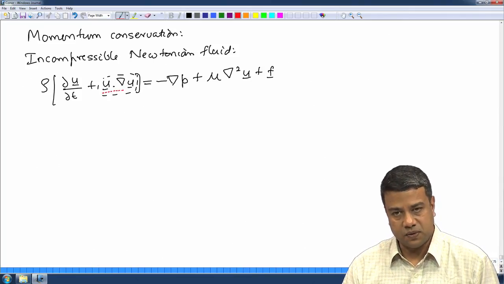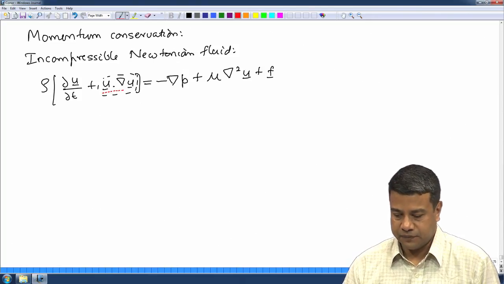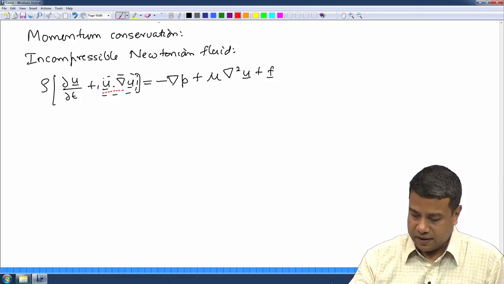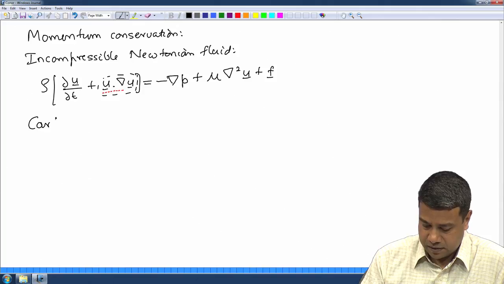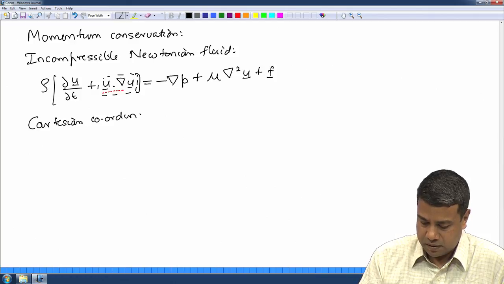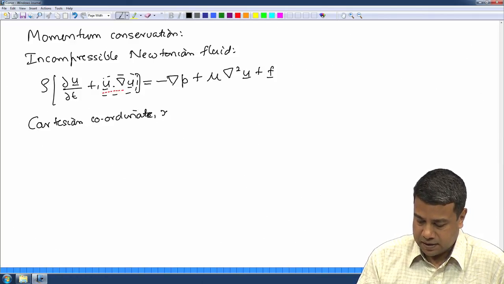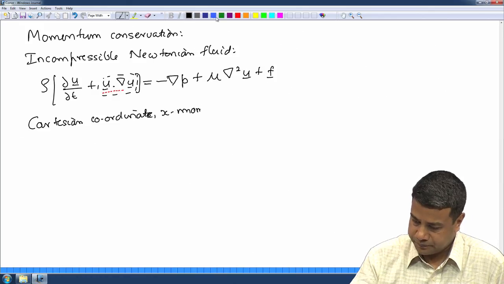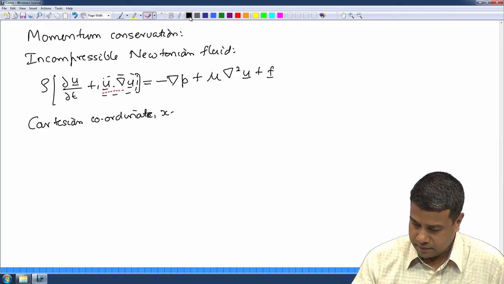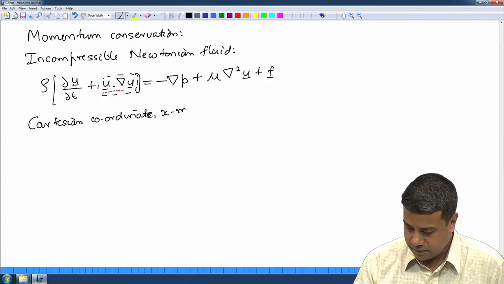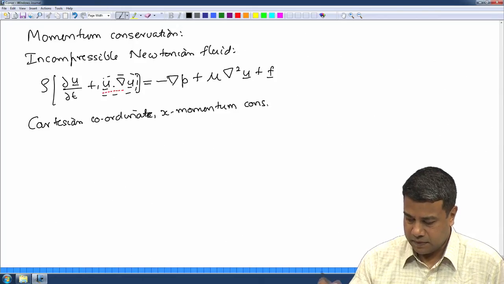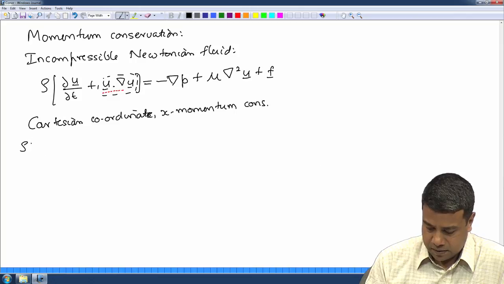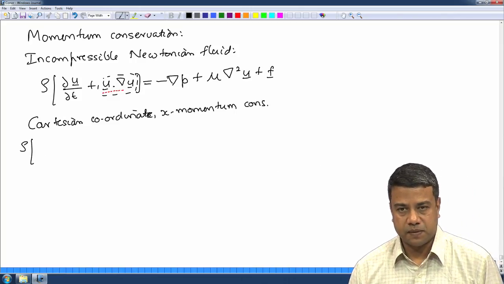Therefore, if I were to write the x momentum conservation equation, for example, in Cartesian coordinates, the first term is partial u vector by partial t.